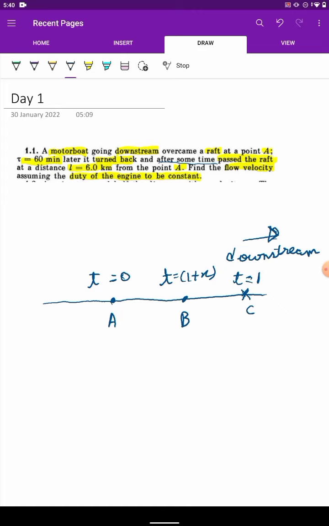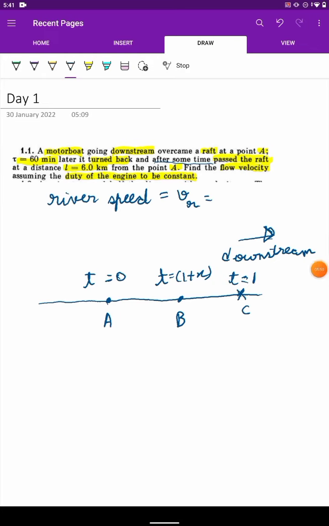Okay, so we have defined the times also, right? Very good. Now let's also define the speeds. River speed, I'm just calling it river, can be anything actually, stream, river. Let's call it v r. R stands for river, and for the raft it is the same.